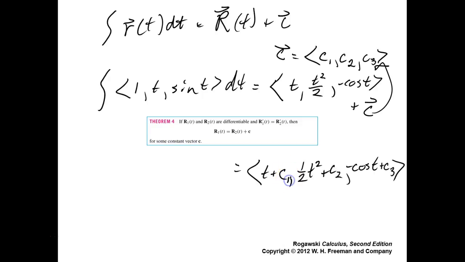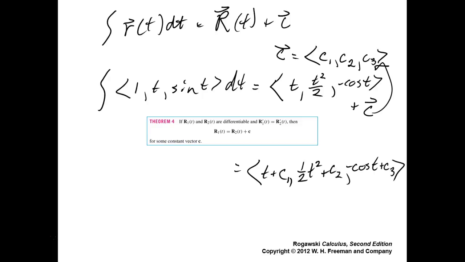That, to me, is probably more useful than just writing some constant vector: put the constants in each of the components, understanding they're not necessarily the same constants. All right.